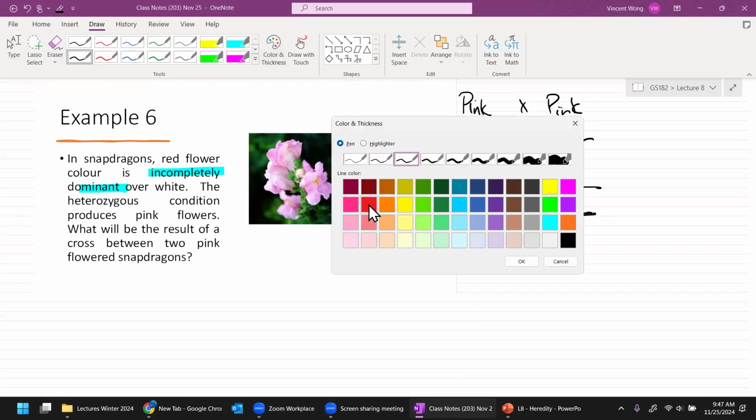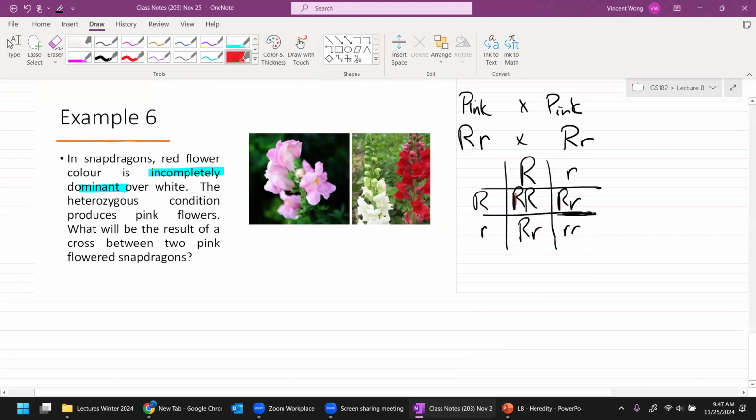For example, these guys will be red, right? And then what about these ones? Pink, right? Because of the incomplete dominance. And then you will have the white here. Okay?